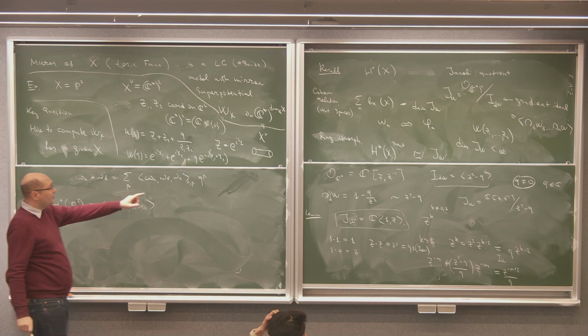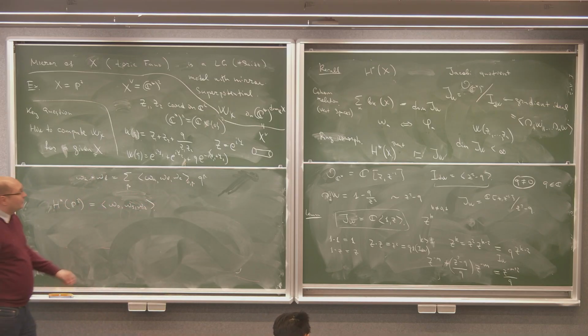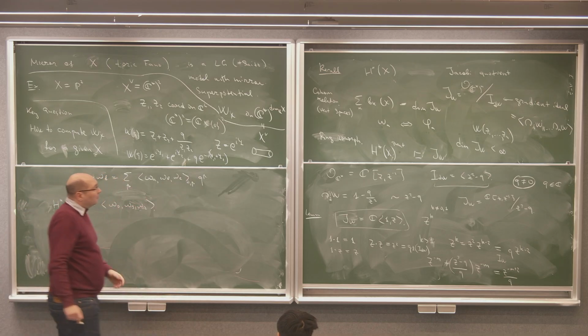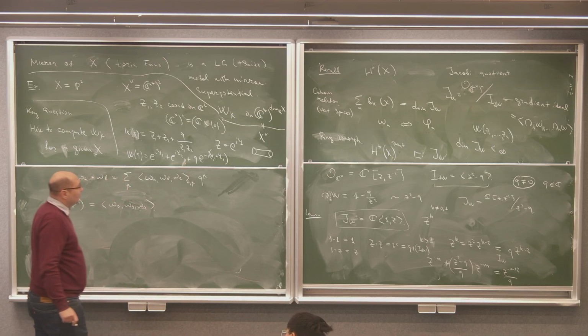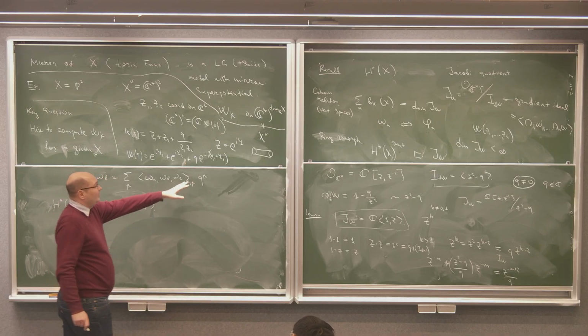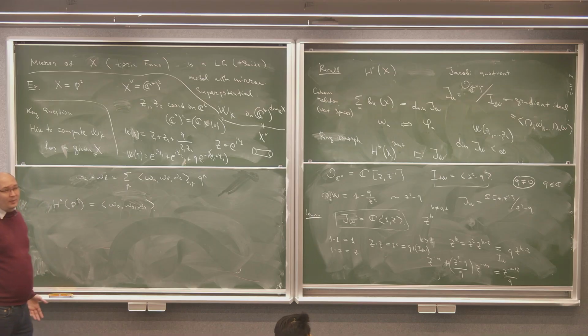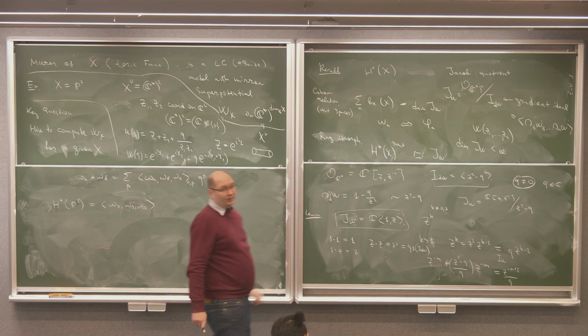In the quantum multiplication we have structure constants. They were formal series in Q, but in a Fano case this formal series actually terminates, so the structure constants are just polynomials in Q. That's how Q entered the left hand side.